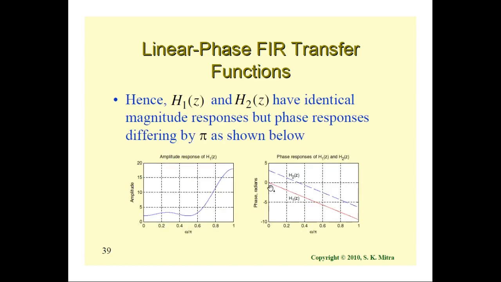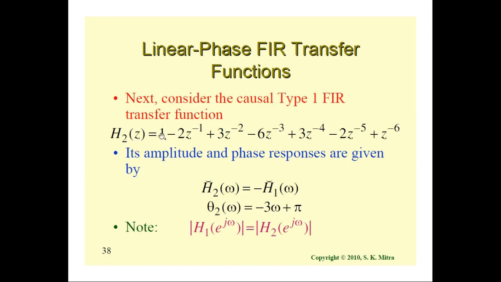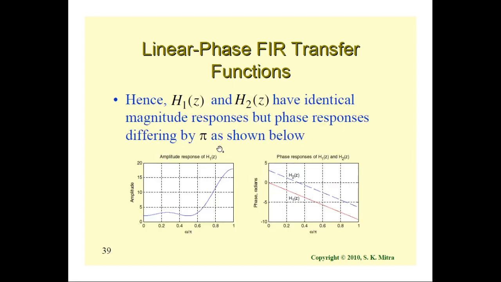However, their phase responses exhibit a phase difference of pi radians, as shown here. So H1 and H2 of z differ because their transfer functions have coefficients which are equal in magnitude but opposite in sign.